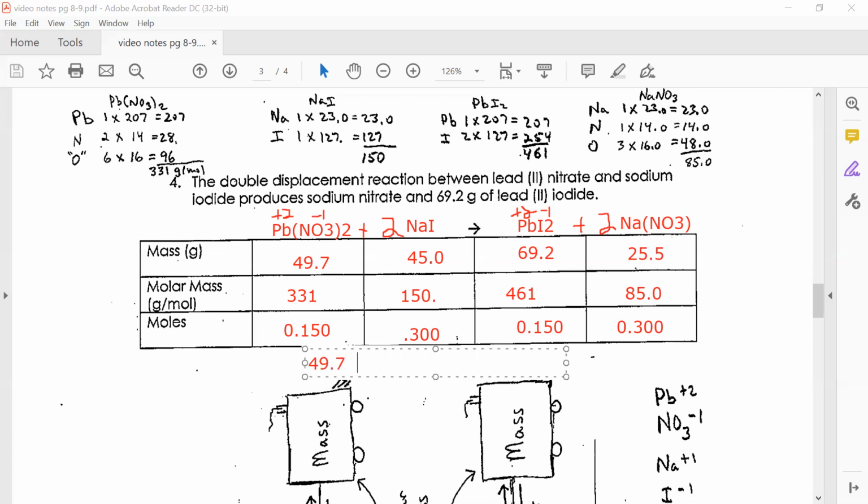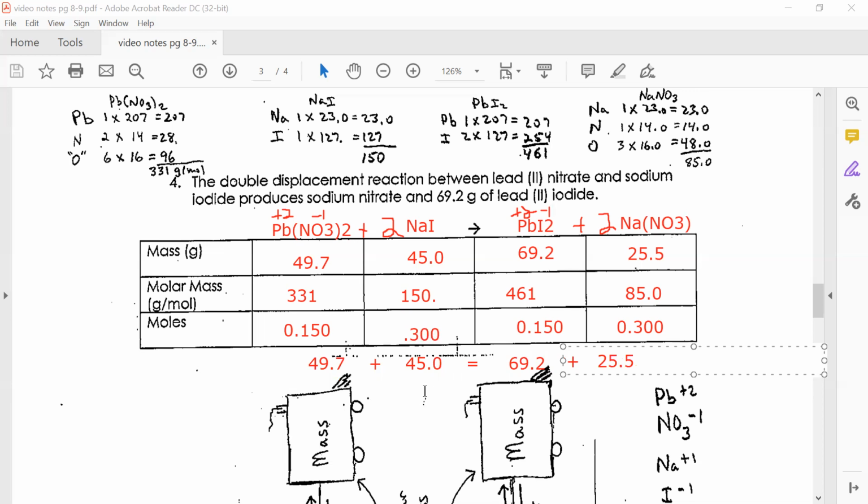So I'm going to say, I want to come down here, 49.7 plus 45.0 is supposed to be equal to 69.2, plus 25.5.